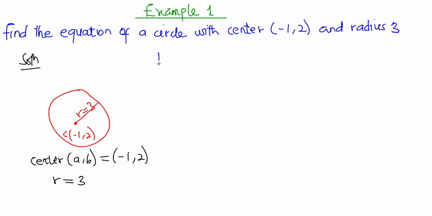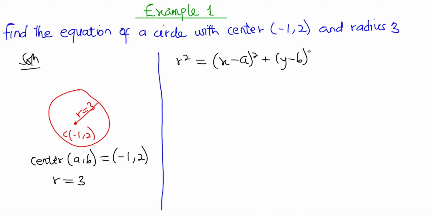The formula for finding the equation of a circle is r squared equals (x minus a) squared plus (y minus b) squared. Now we know r, and r is given as 3, so we substitute its value: 3 squared is equal to, since there is no x value, we maintain x, and then minus a.